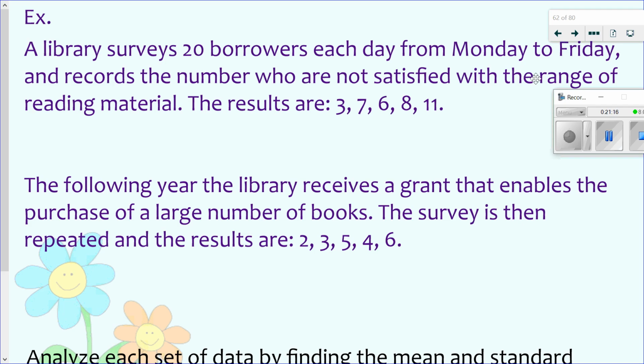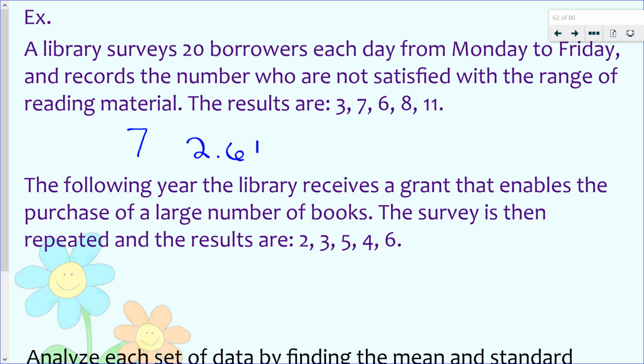Okay, thank you for everyone that went to the board. Let's do a bit of a compare and contrast to what happened one year versus the other year. So it looks like initially we had a mean of 7 people unsatisfied with a standard deviation of 2.67. And then our next mean was 4.